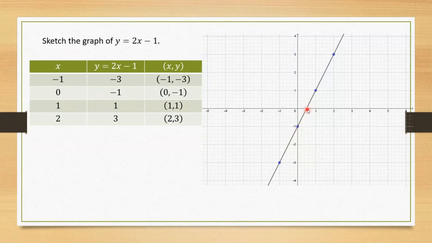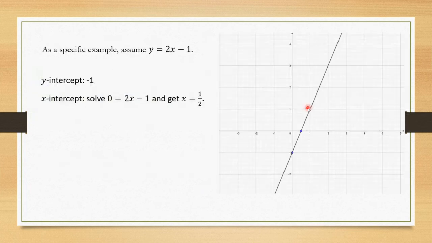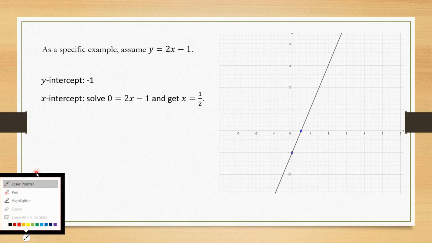We could calculate the x-intercept here. What we would have to do is set y to be 0 and determine what x is. It's not that hard because we have y equals 2x minus 1, and that's actually what I do here. For the x-intercept, we set the other variable y to be 0, and we solve for x. So this point over here, let me see if I can draw it in.